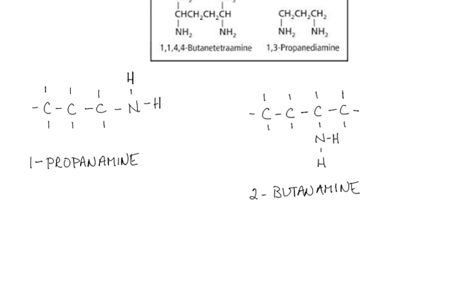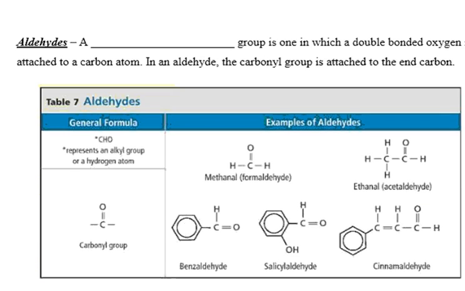So we're going to do one more page. The aldehydes. There is a carbonyl group, which simply means a double bonded oxygen attached to a carbon atom. In an aldehyde, the carbonyl group is attached to the end carbon. So a hydroxyl group is OH.